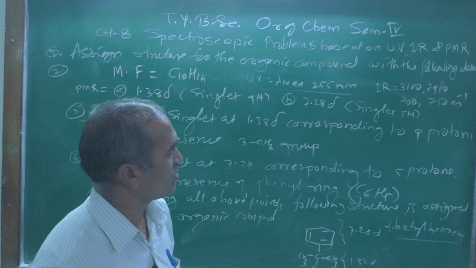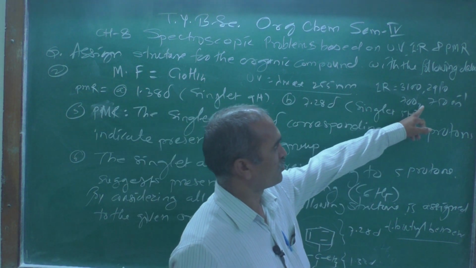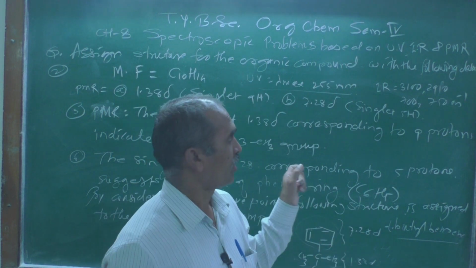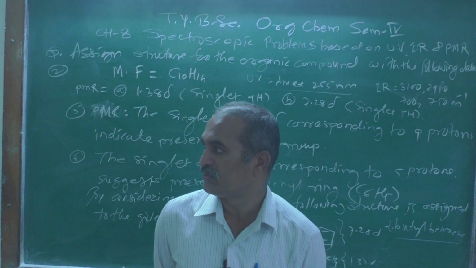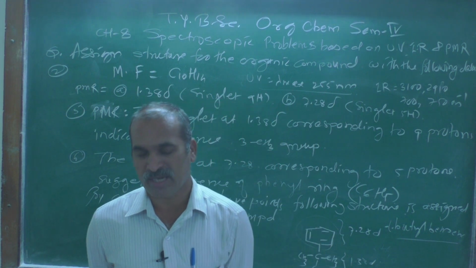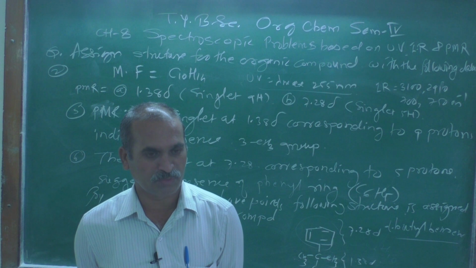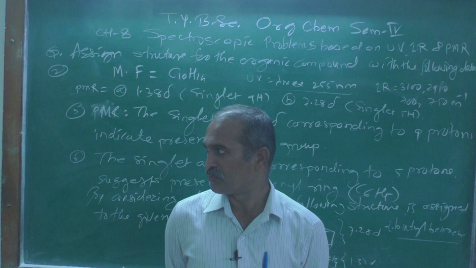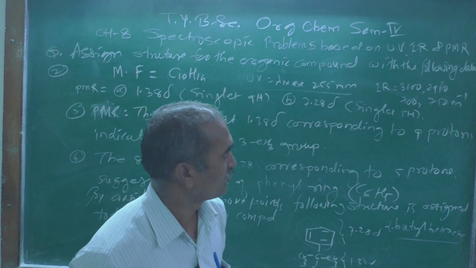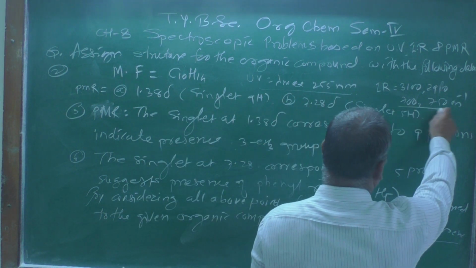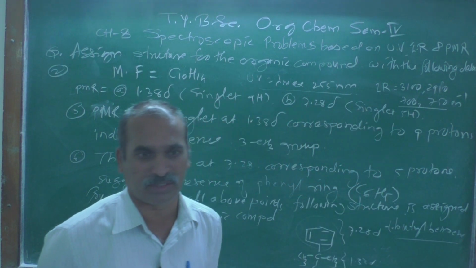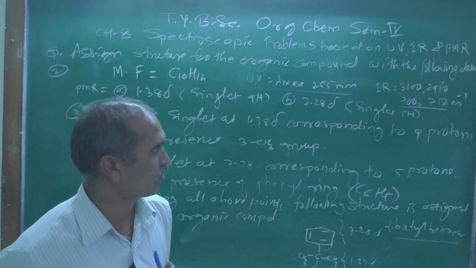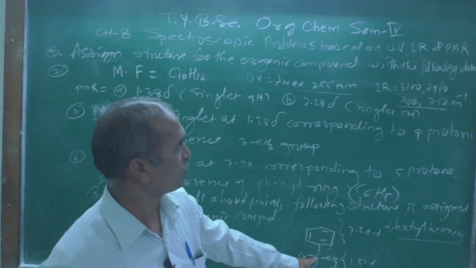And the 700 to 750 peak observed in the IR spectrum suggests the pattern, whether monosubstituted, disubstituted or trisubstituted. So this 700 to 715 per centimeter suggests the monosubstituted pattern of the aromatic compound, and that is also proved.